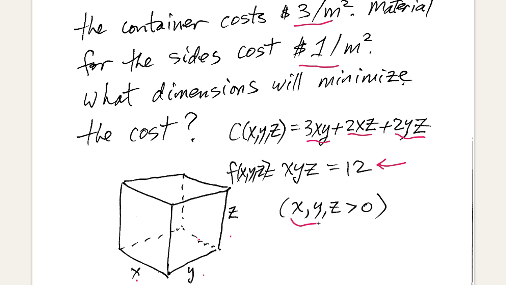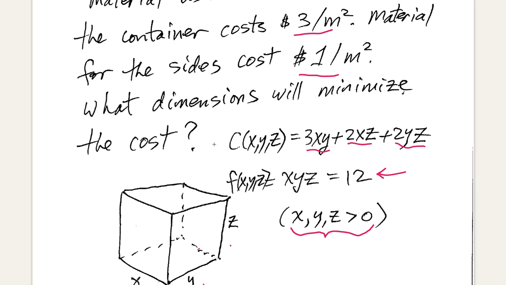There's also an implicit constraint that x, y, and z have to be positive. You want an actual box. So this is explicit here, and this is implicit. I'm going to throw it in though.